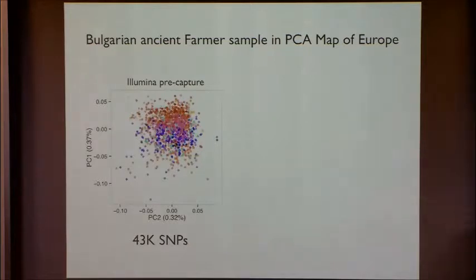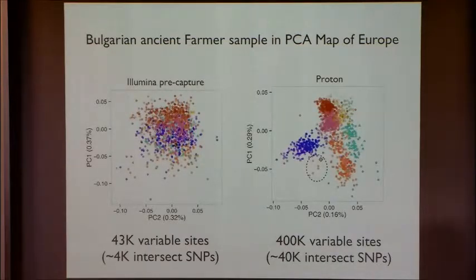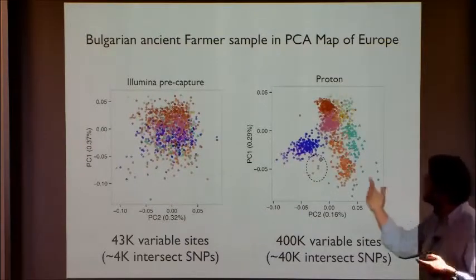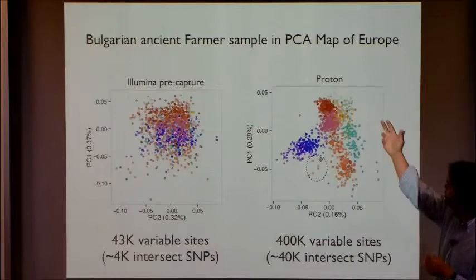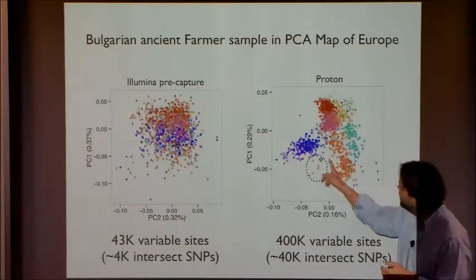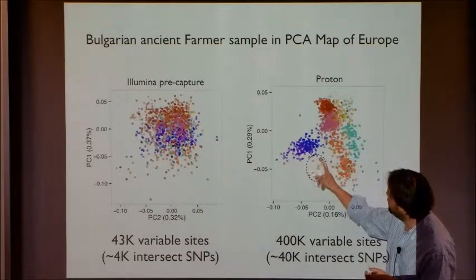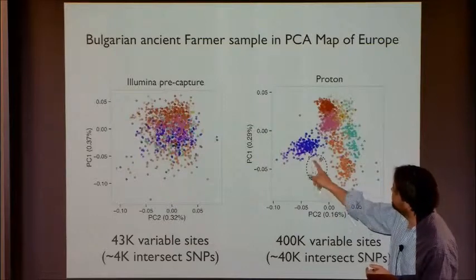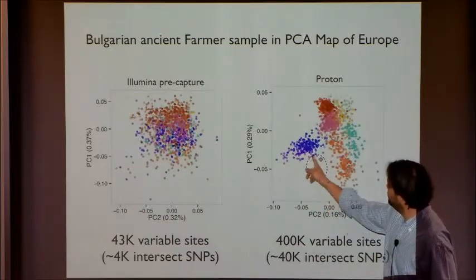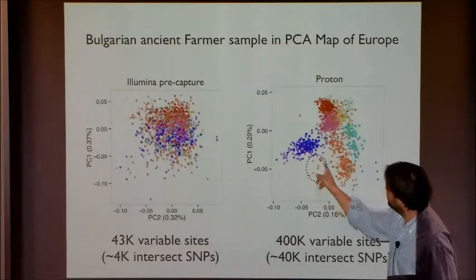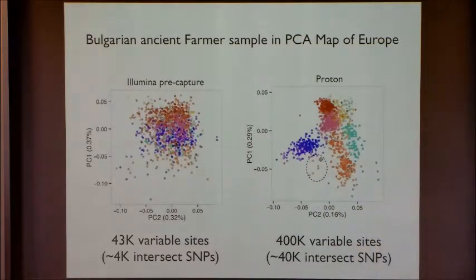Well, I mean, in general, PCAs are Rorschach blots, but this is at least a Rorschach blot with more resolution, in which this is our map of Europe PCA, which at least from the proton data, we're beginning to see that our Bulgarian sample is, by the incredibly sophisticated method of drawing this circle, PCAing up near our 4 or 5 Sardinian samples.